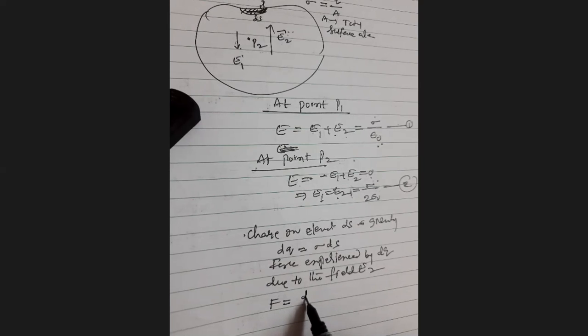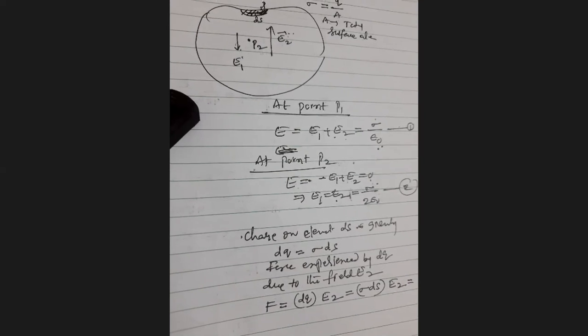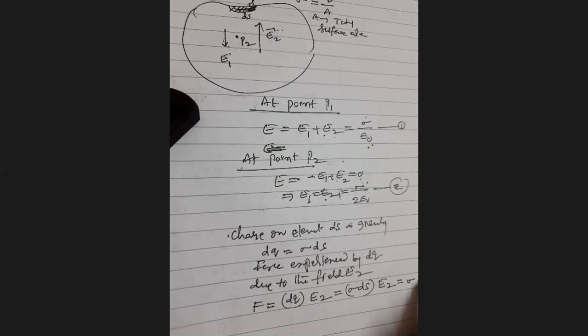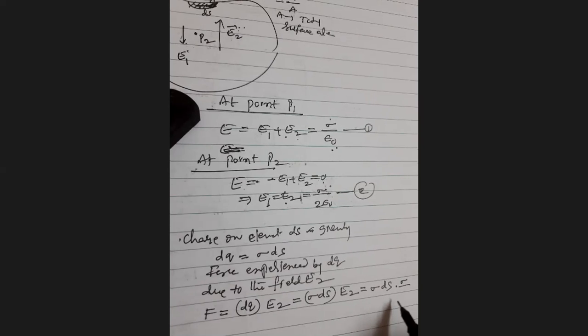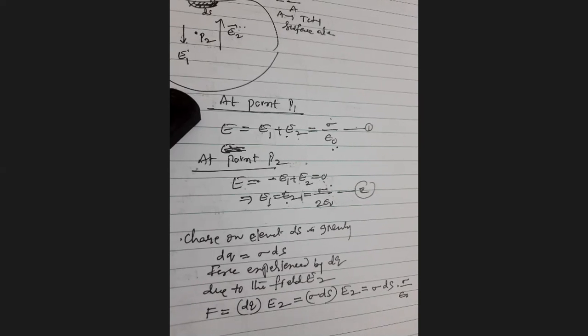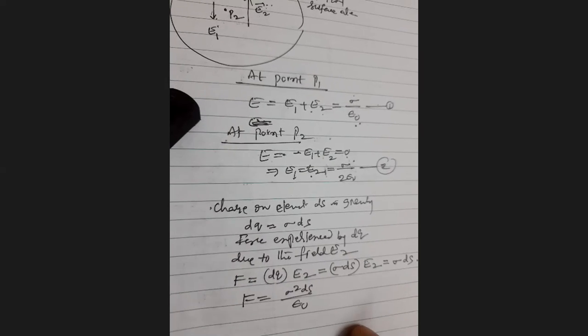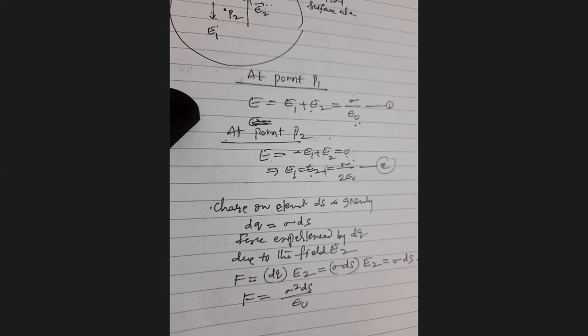So applying that, dq into field strength capital E2 equals sigma ds into E2. But E2 equals sigma by epsilon naught, so sigma ds into sigma by epsilon naught, right? Therefore, F is equal to sigma square ds by epsilon naught. Say this is equation 3.